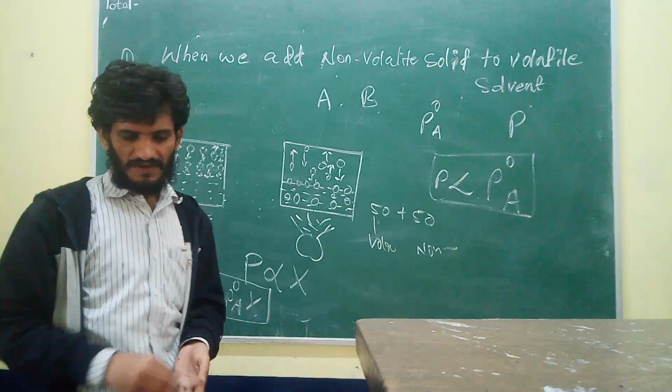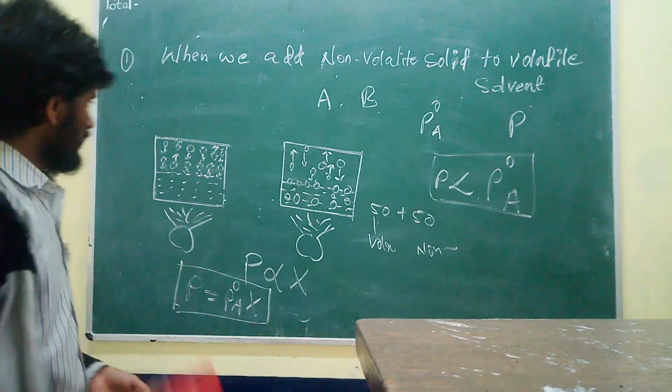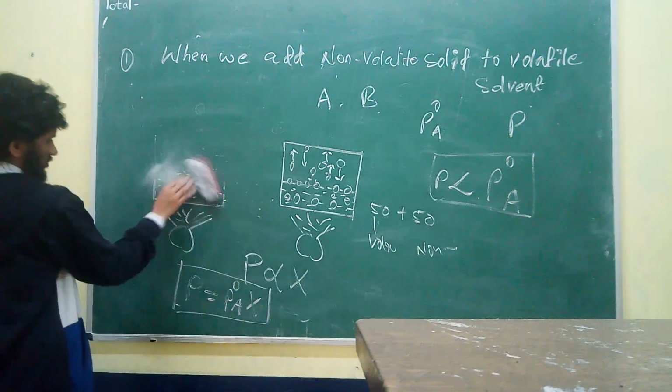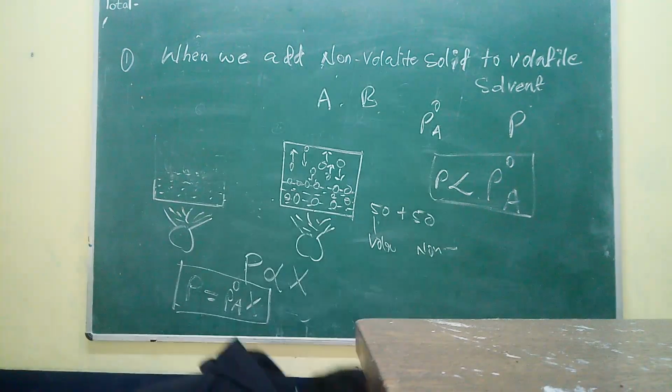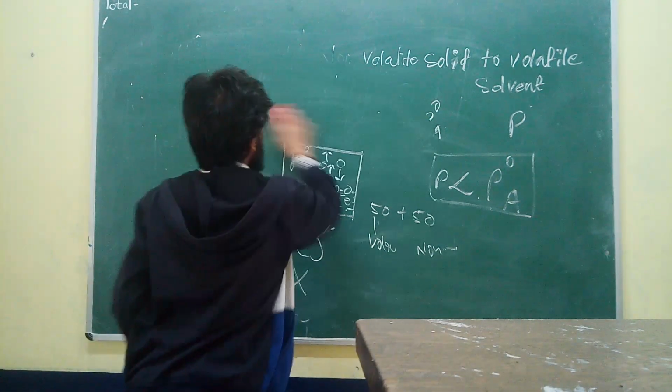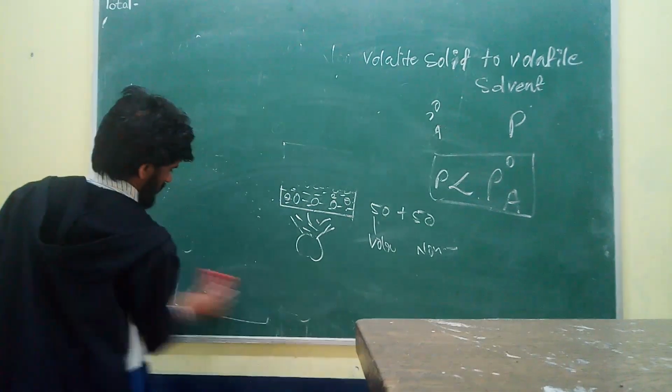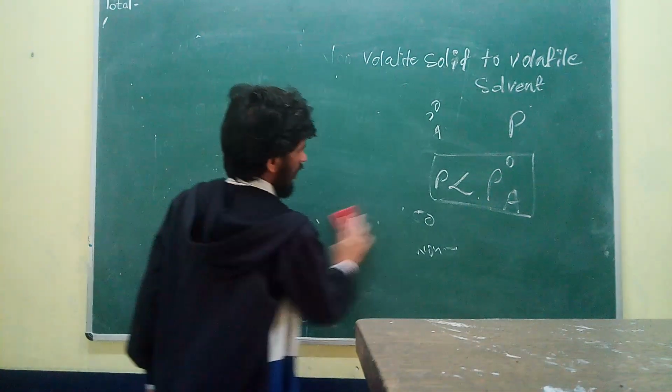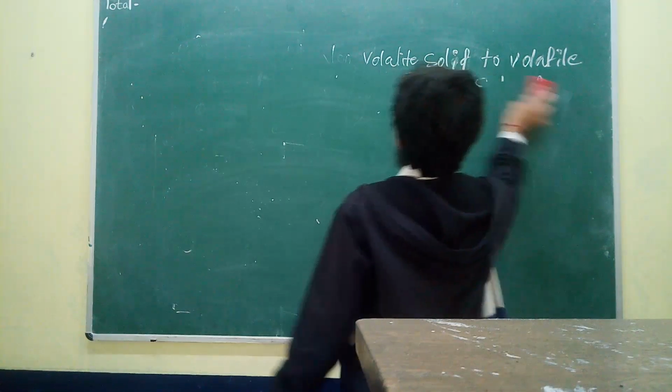Whereas, when we take both as liquids, both volatile, understand? Then how does Raoult law change?